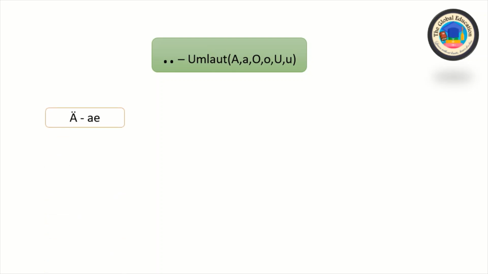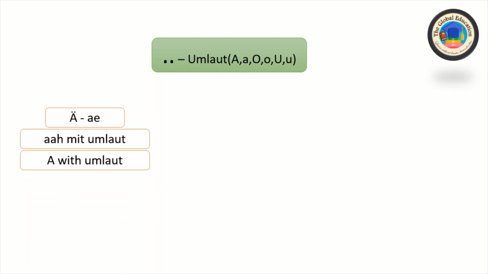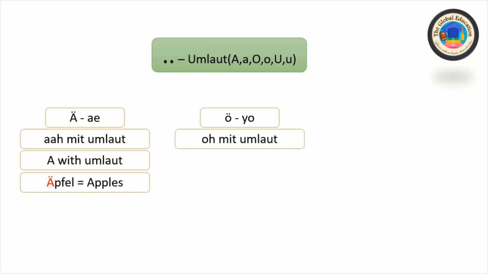For example, A with umlaut is pronounced like A mit umlaut, as in apples. O with umlaut is called yo.